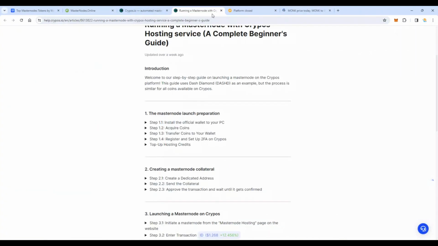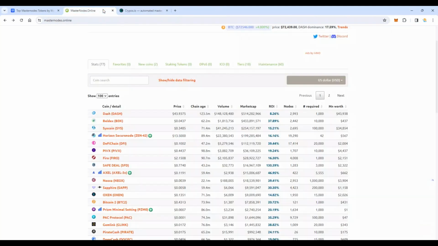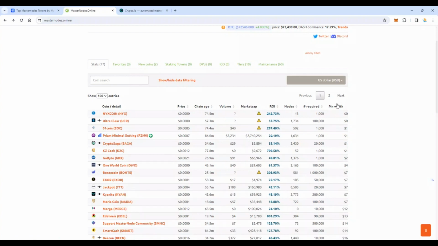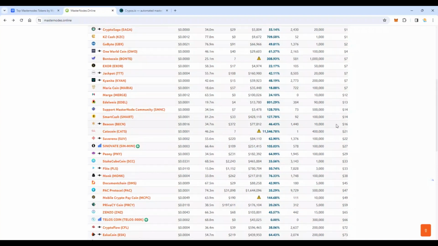But now, let me close this. I don't need that. Okay, let's look for a project here that is, let me look at the minimum. I really don't want to put my money into this.